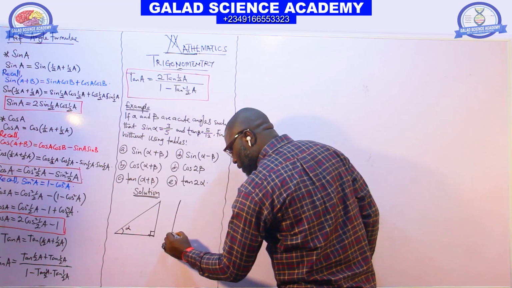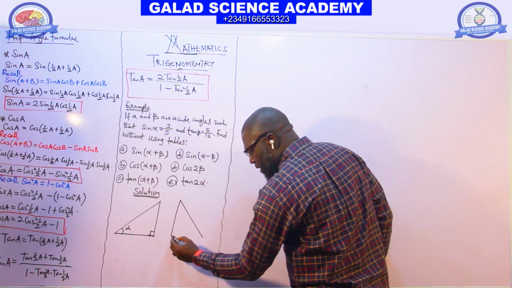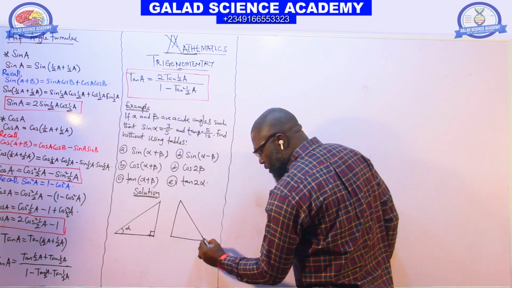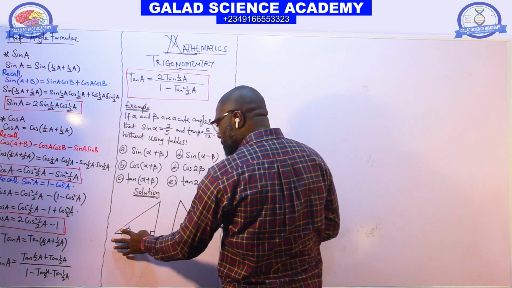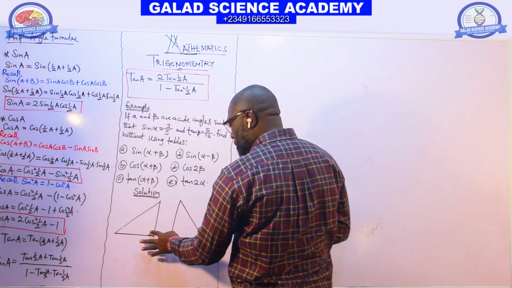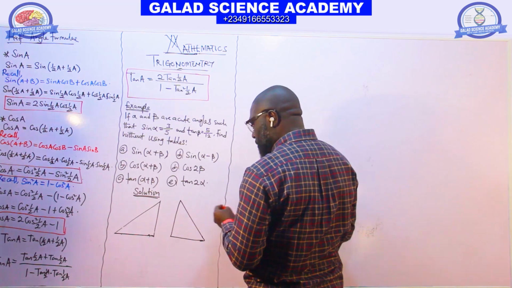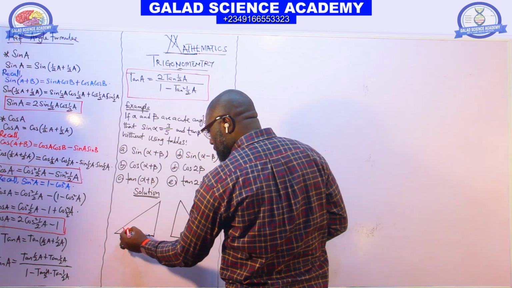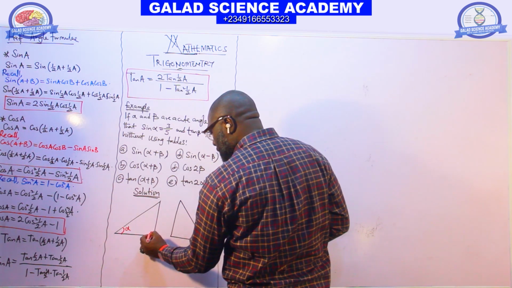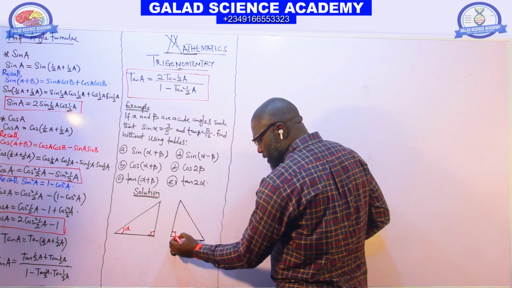We can draw the second triangle here. So the angle there is what? Then the angle here is alpha. This is 90 degrees.